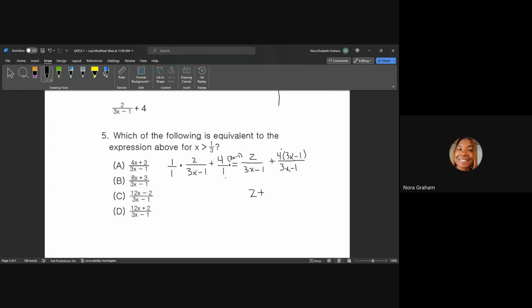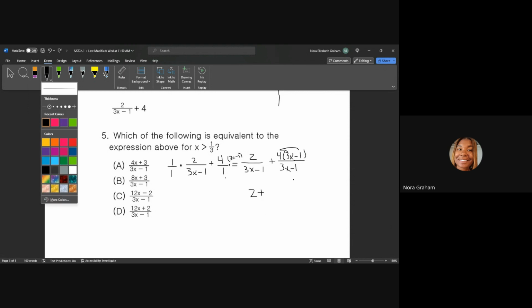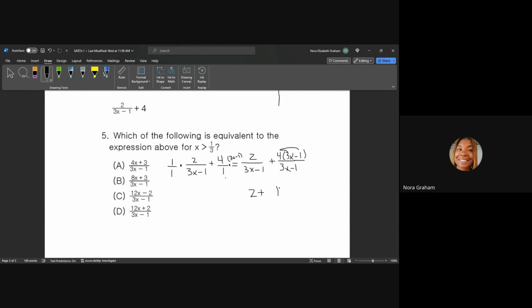Again, I can go ahead and distribute this through. I'm just using algebra. So 3 times 4 is going to be 12, so 12x, and then minus 4. And this is all over the same denominator now, 3x minus 1.